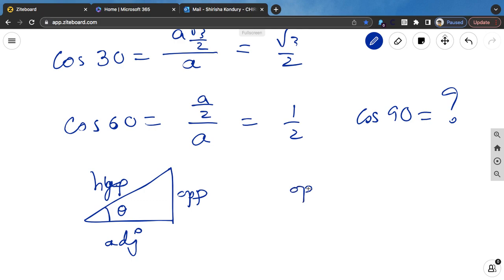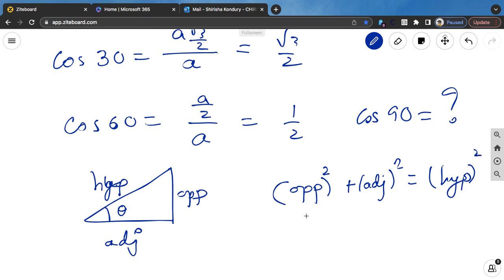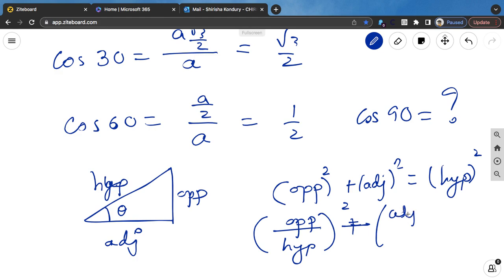Now we know by Pythagorean theorem, opposite side square plus adjacent side square is equal to the hypotenuse square. Which means opposite upon hypotenuse the whole square plus adjacent upon hypotenuse the whole square is equal to 1.